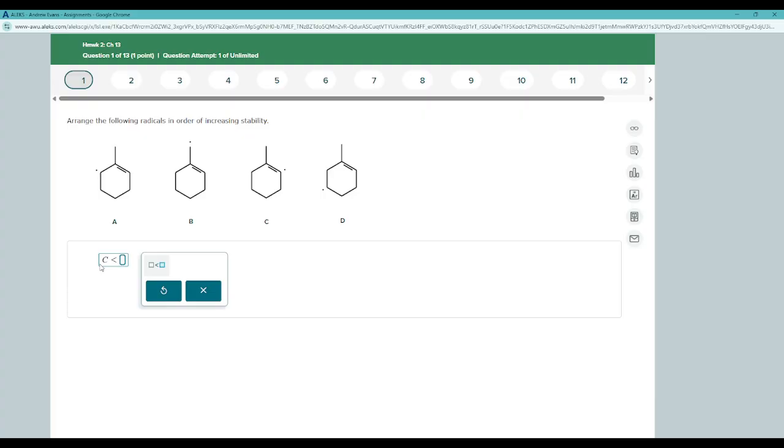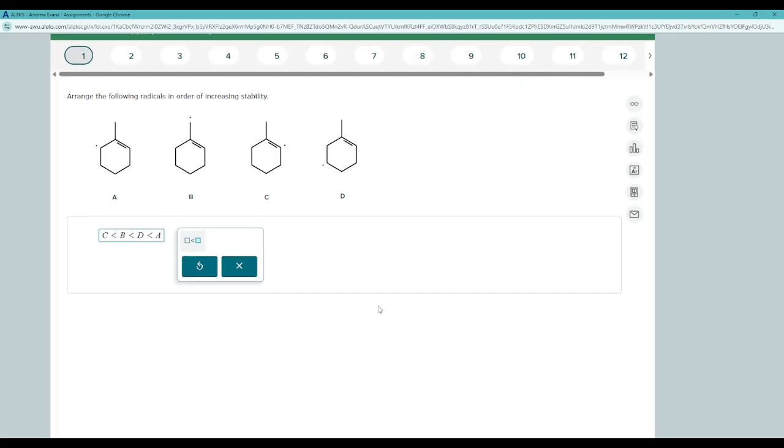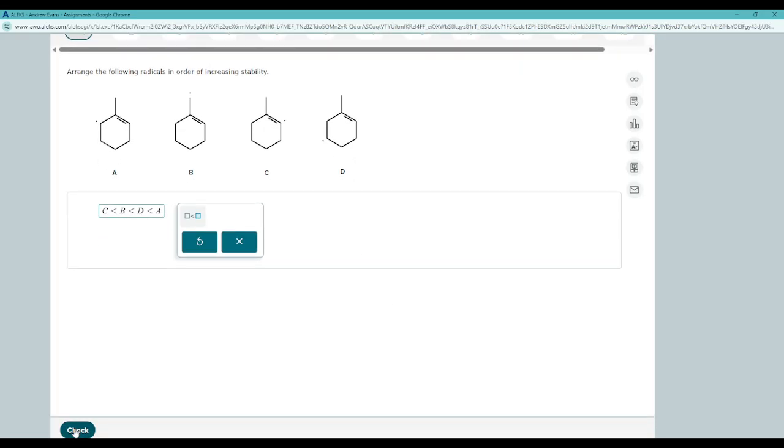So we never even had to discuss that one. So C is the lowest. But so B is a primary. D is example of just a secondary. And A over here is allylic. It's in this case, a secondary that is conjugated with that. You can conjugate it with that double bond.